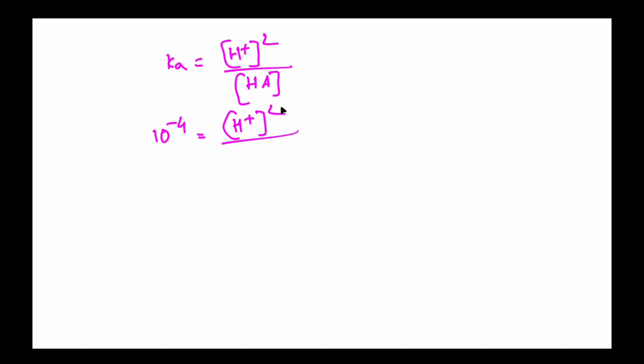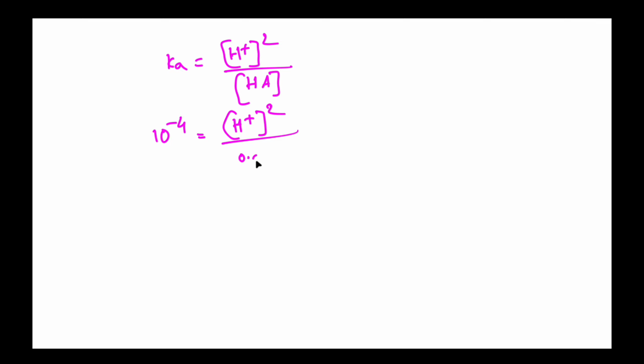So here Ka is equal to H plus whole square by HA.